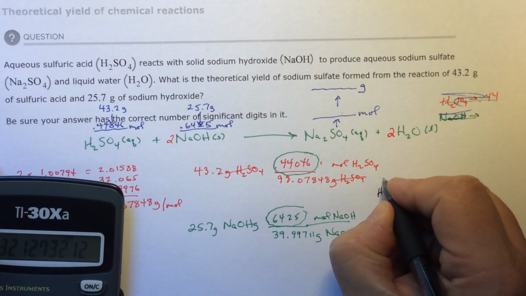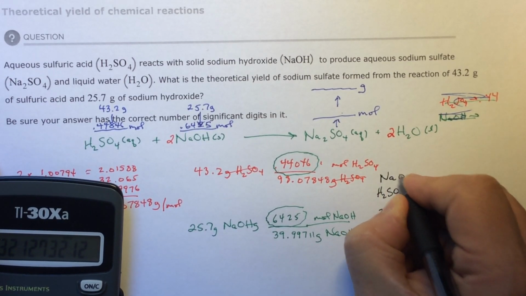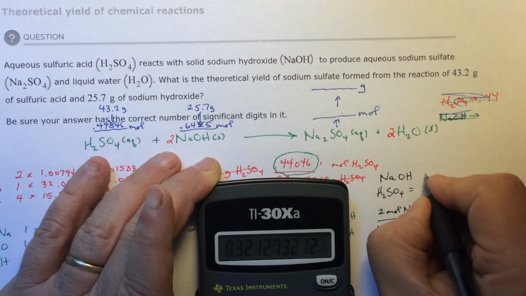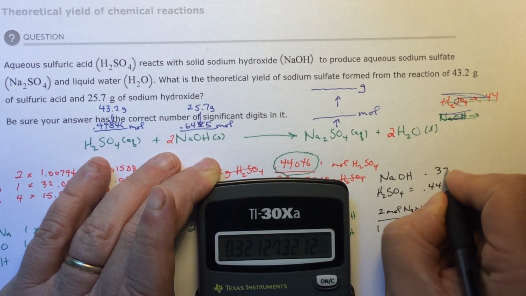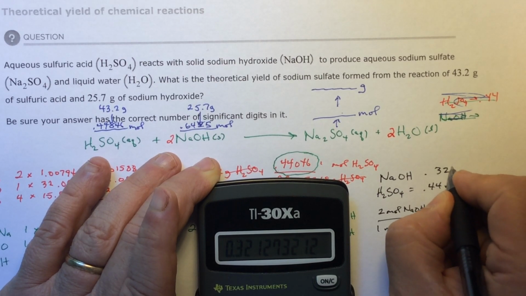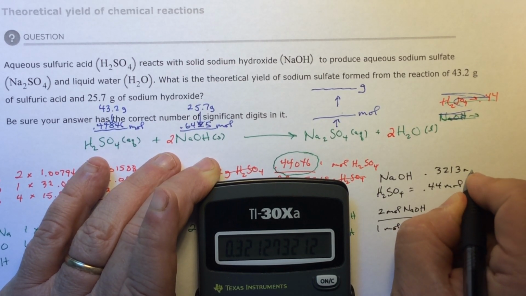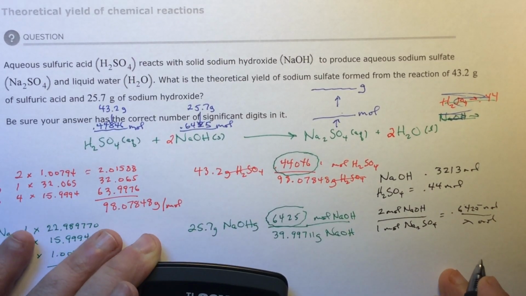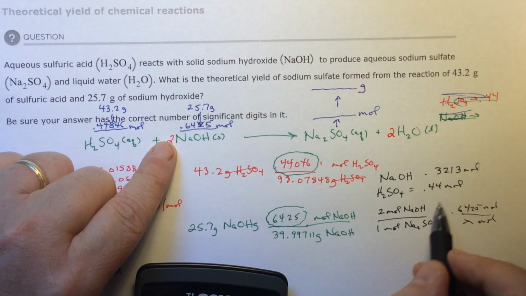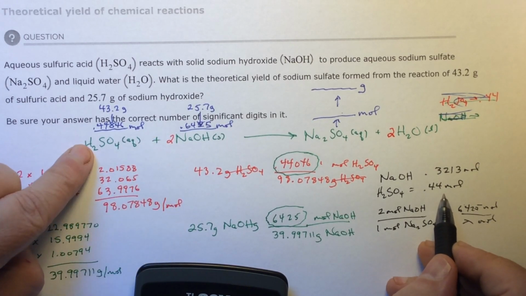And I'm going to say that that is, what is this? NaOH. I can make 0.3213 moles, which is less. Well, I can make 0.44 moles if I use all of this.